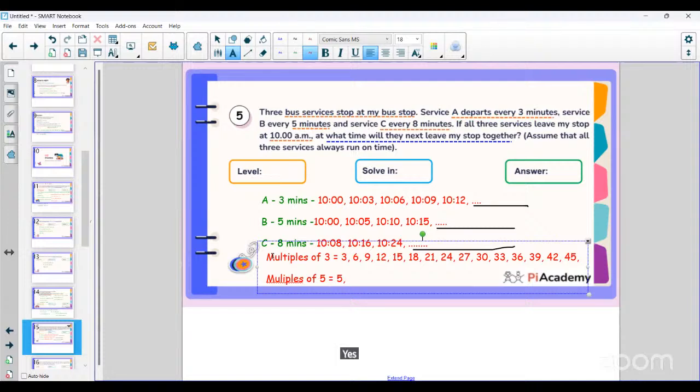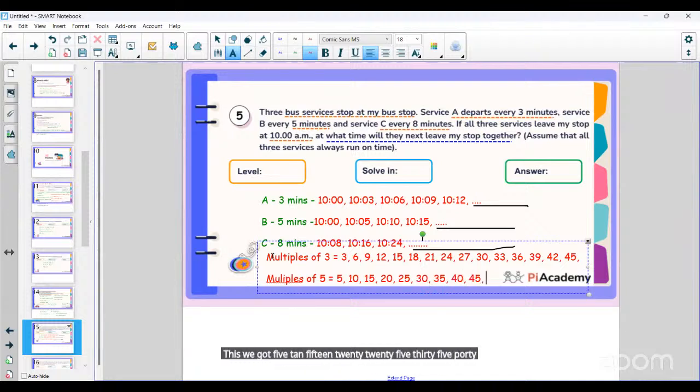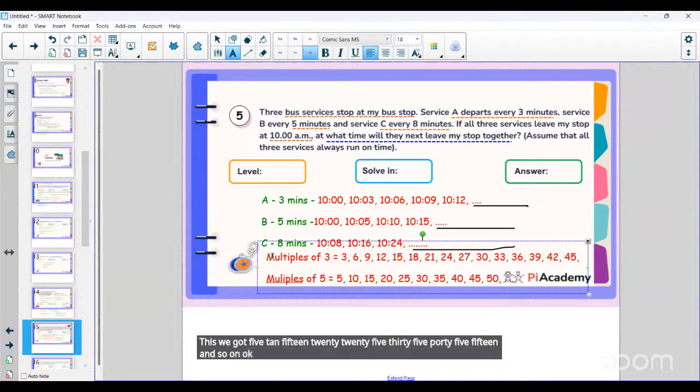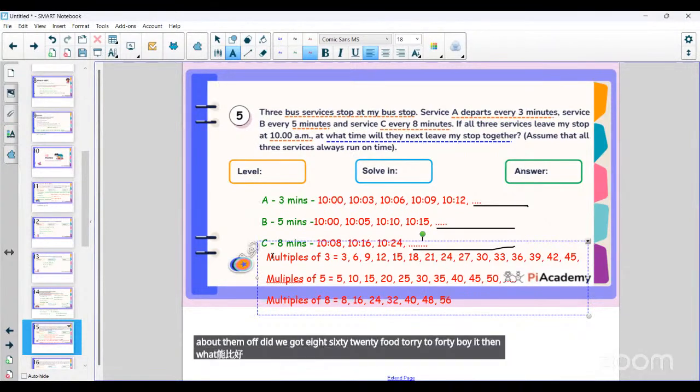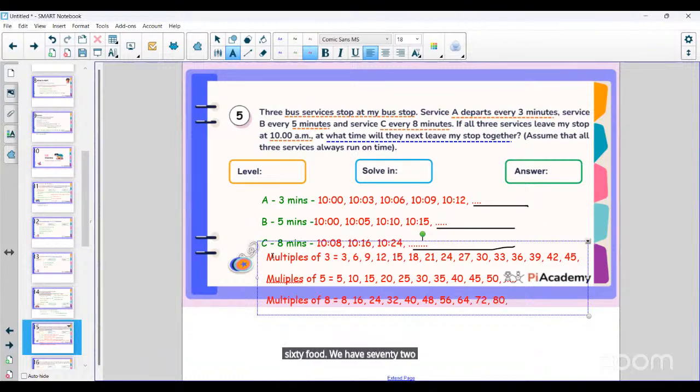Yes, we got 5, 10, 15, 20, 25, 30, 35, 40, 45, 50, and so on. Okay, and what about the multiples of 8? We got 8, 16, 24, 32, 40, 48. Then we have 56, 64, 72, 80, and so on.